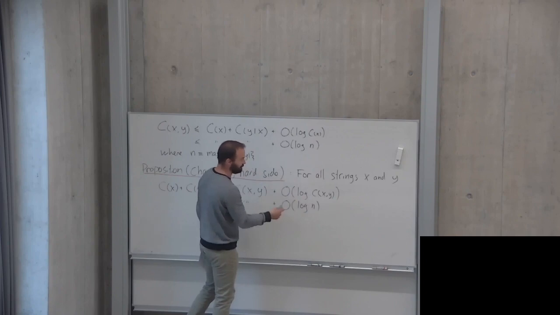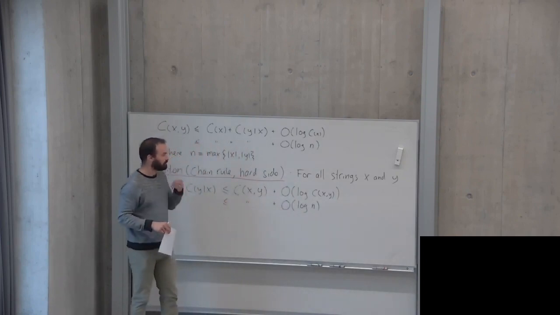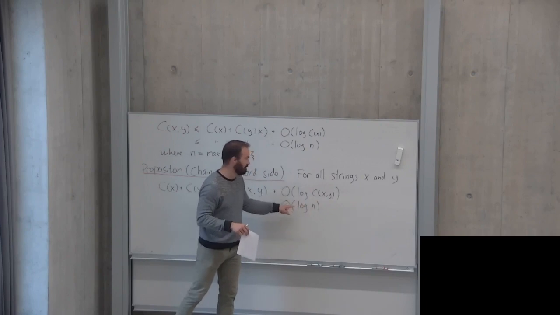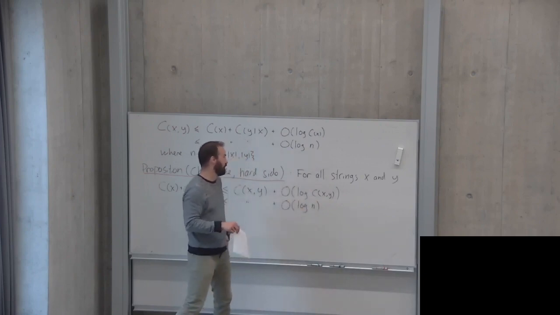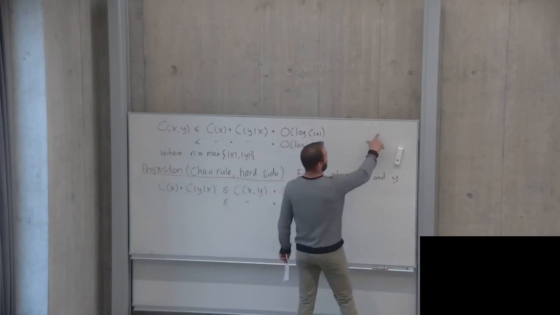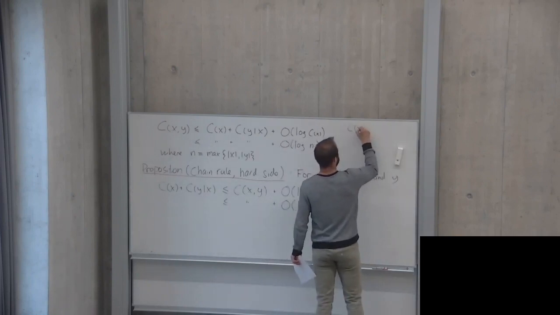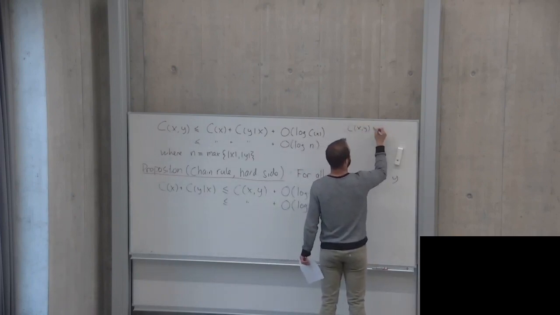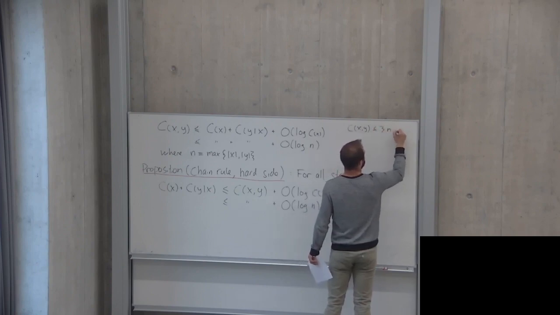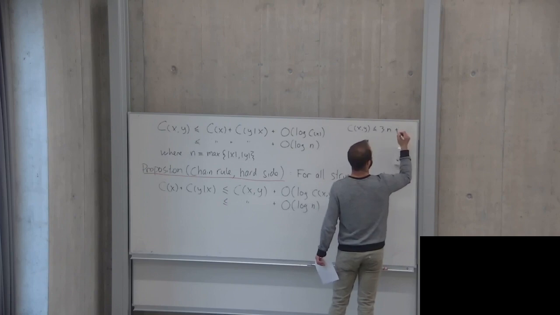So order of log C of x and y is going to be order of log n. Basically, because as I said, C of xy is smaller than 3n plus some constant.